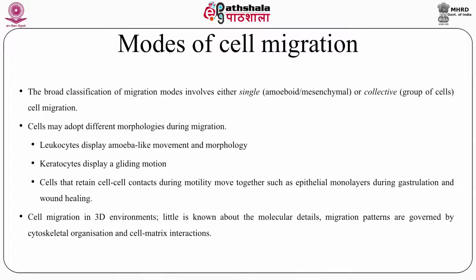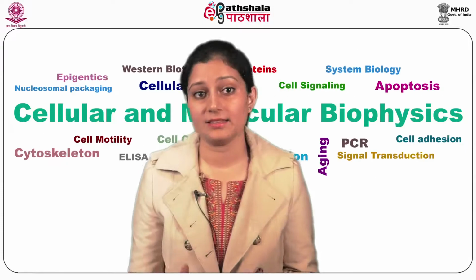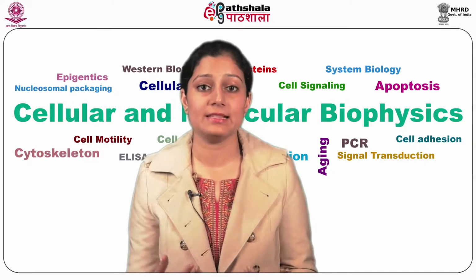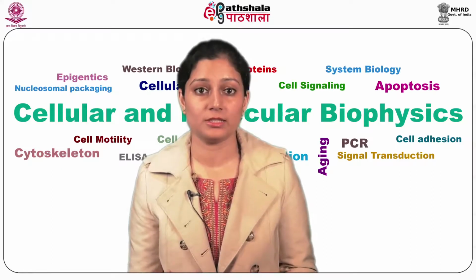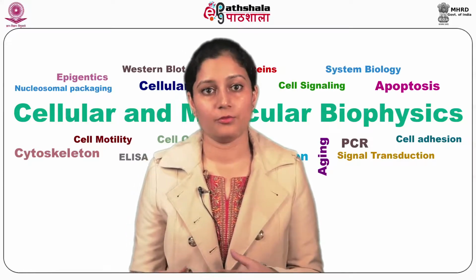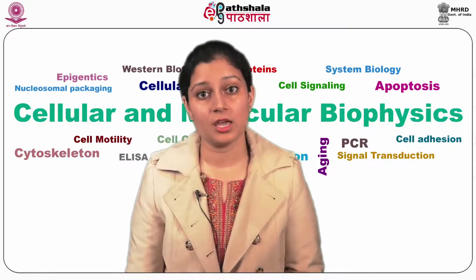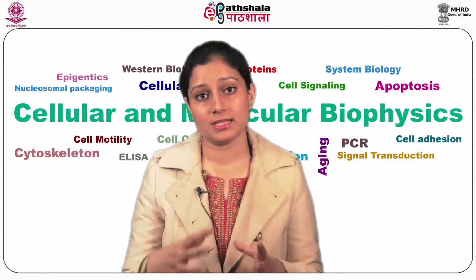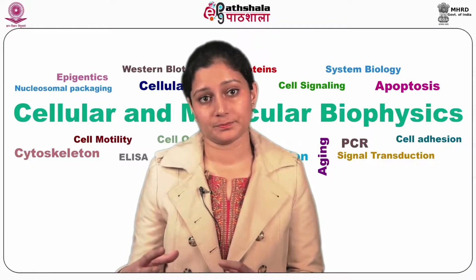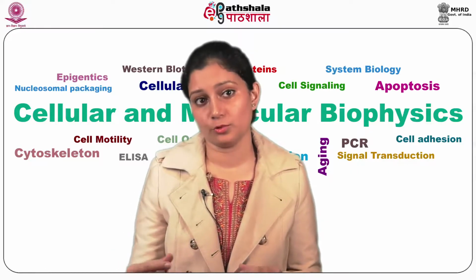Leukocytes display amoeba-like movement and morphology. Keratocytes display a gliding motion, and cells that retain cell-cell contact during motility move together, for example, epithelial monolayers during gastrulation and wound healing. These cells move together instead of a single cell moving.